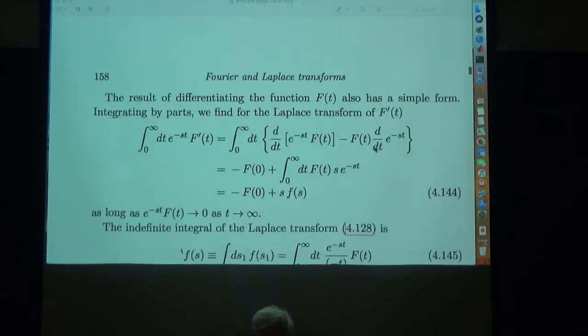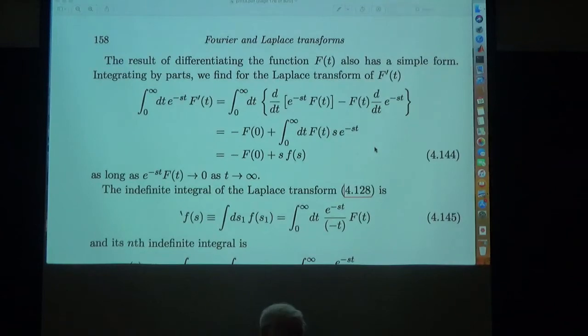And also something very important in the theory of differential equations, and this is especially important in optics and electronics, electrical engineering, is this relation of what happens if you take the Fourier transform of the derivative of something.